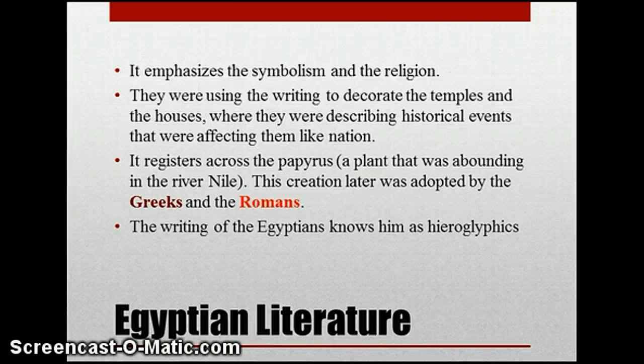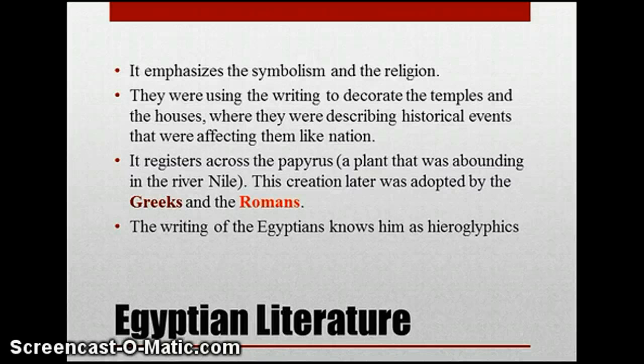It's registered across the papyrus. In Egyptian literature, the Egyptians are the first to use papyrus. It's a kind of paper that comes from a plant that was abundant in the river Nile. This creation was later adopted by the Greeks and the Romans.